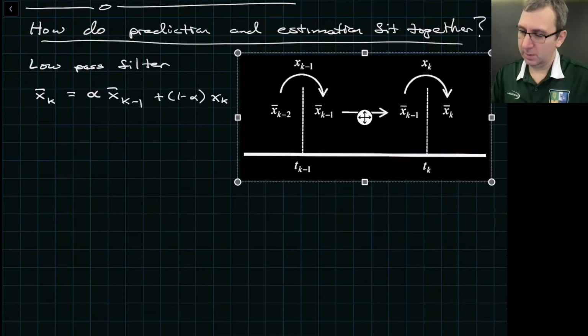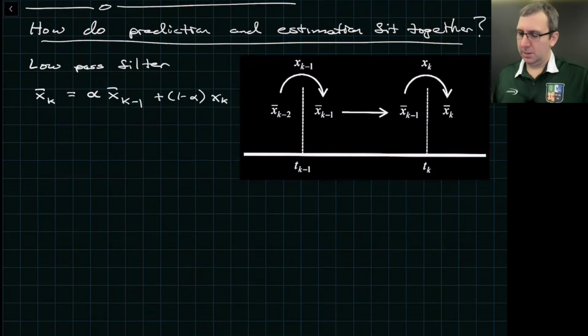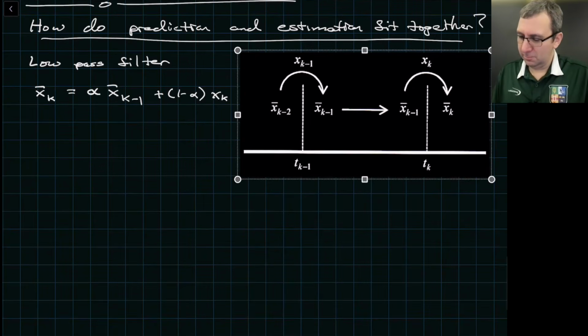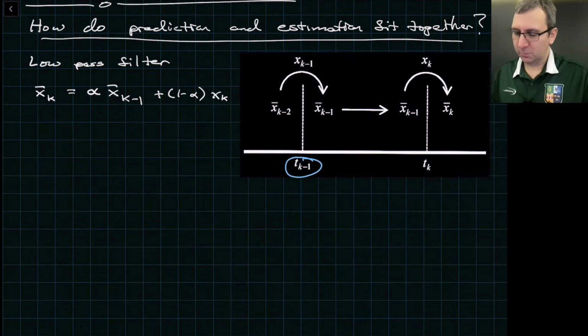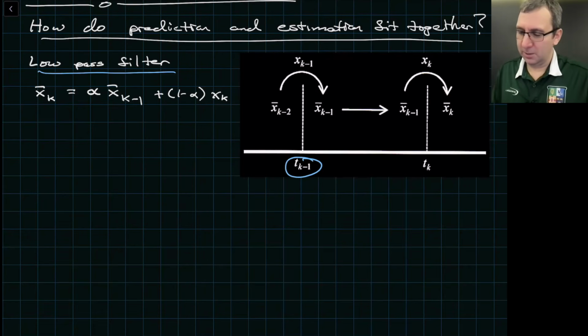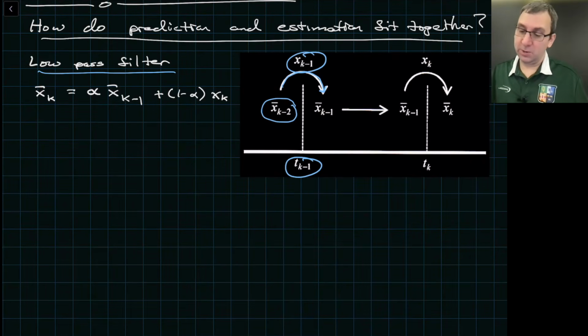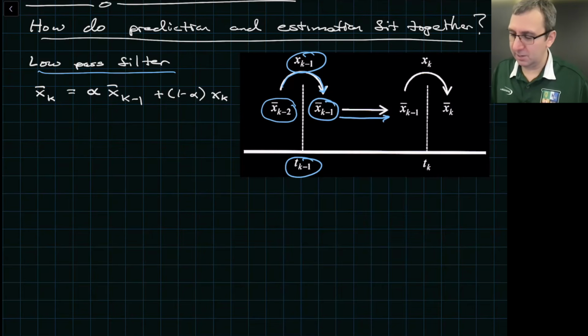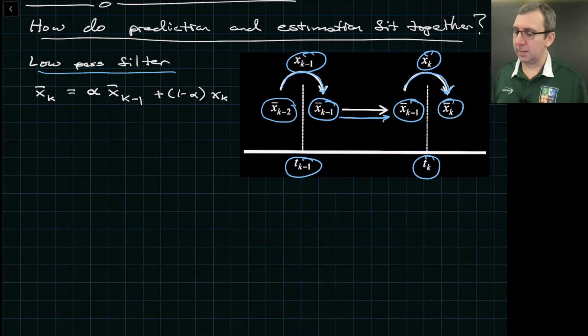In terms of a diagram, this is showing that at a time, say t_{k-1}, the low pass filter algorithm took in the previous estimate, x bar_{k-2}, incorporated the new data point, and then gave us this new estimate, which then just gets passed as is to the next time step, where we incorporate the new data point and get a new estimate.